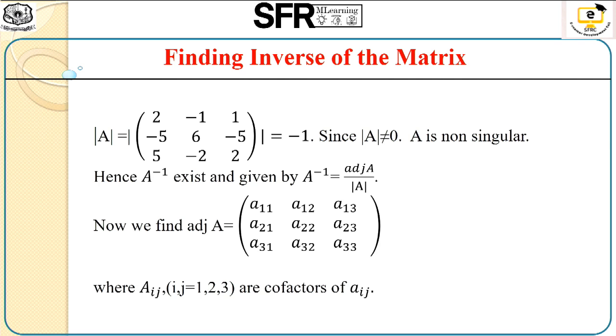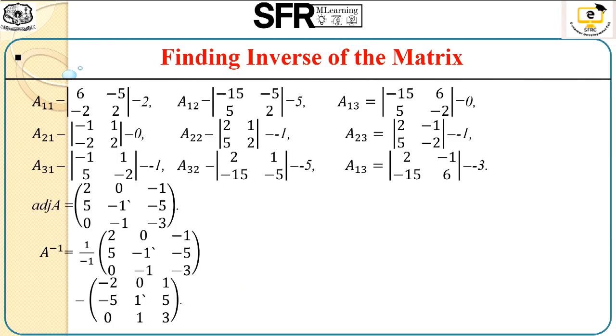We need to find the adjoint of A first. For 3 cross 3 matrices, we first need to find the minors, and then using those minors, we need to find the cofactors Aij of this matrix. For a 3 cross 3 matrix, we have 9 cofactors.